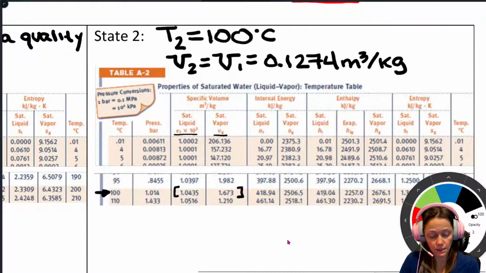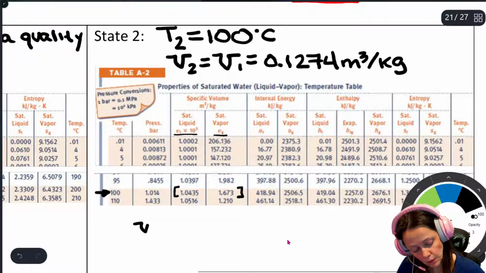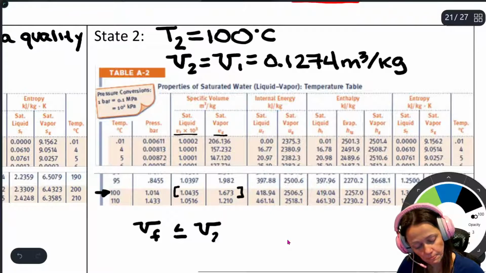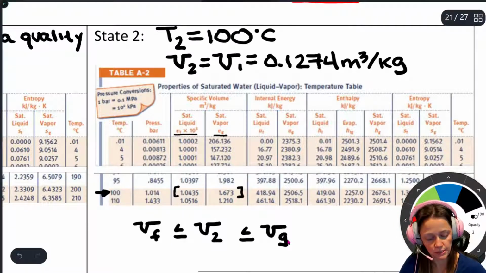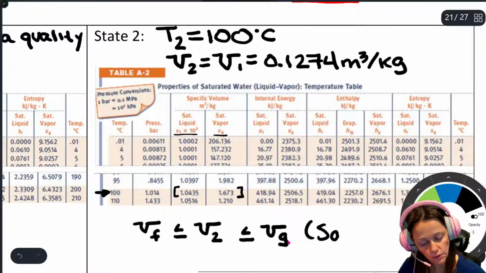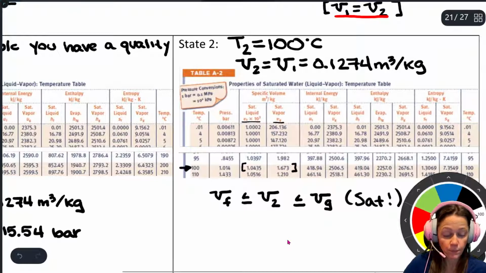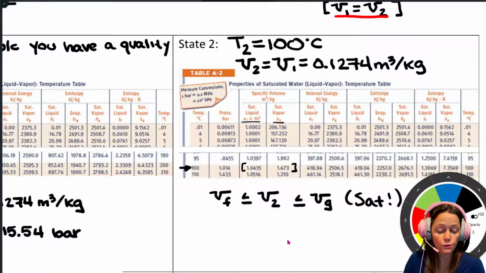And it is. So it's between our v sub f and our v sub g value at 100 degrees Celsius. So saturated. And if it wasn't, if your specific volume was greater than that v sub g, then you would know that it was superheated.